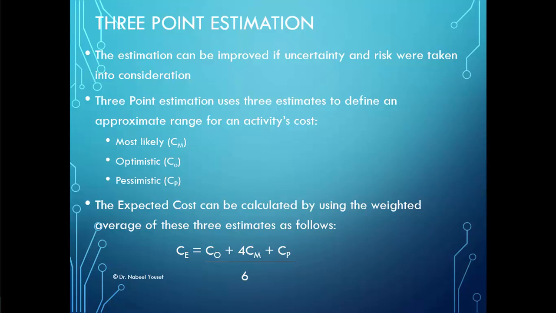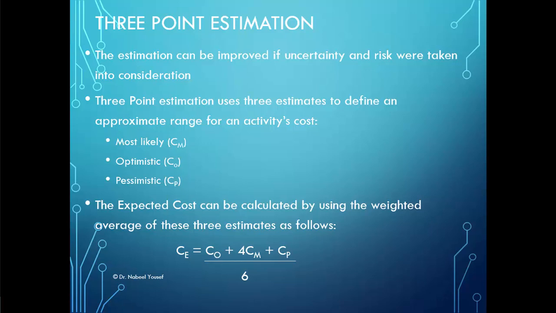So the expected or estimated cost can be calculated by using the weighted average of these 3 estimates as follows. The estimated cost will equal the optimistic cost plus 4 times the most likely cost plus the pessimistic cost, all divided by 6. Why divided by 6?